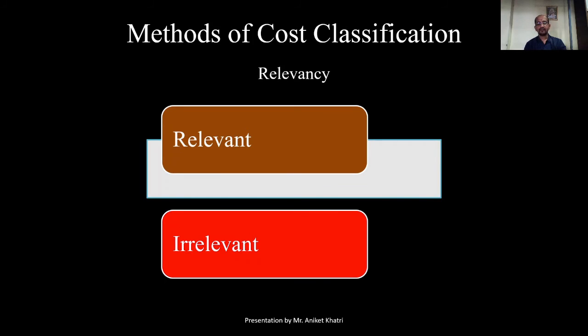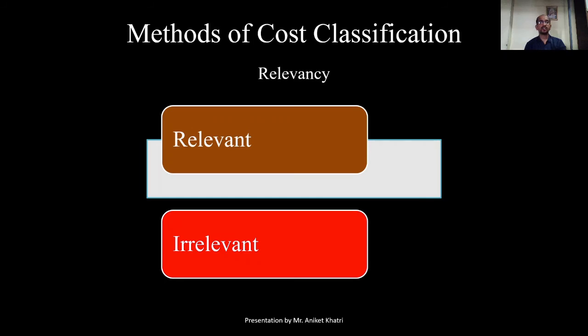If that particular expenditure directly impacts the decision under consideration, it will be known as a relevant cost. For example, marginal cost. Marginal cost is the cost incurred when you produce one extra unit.